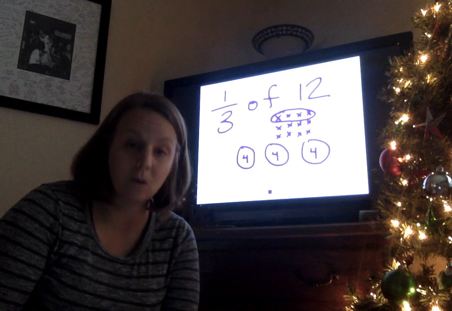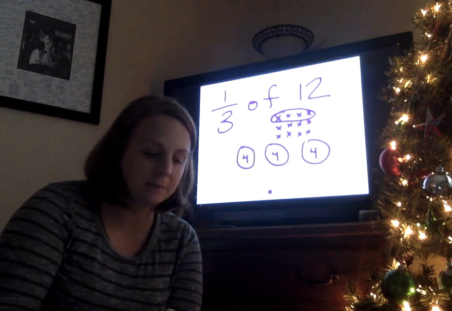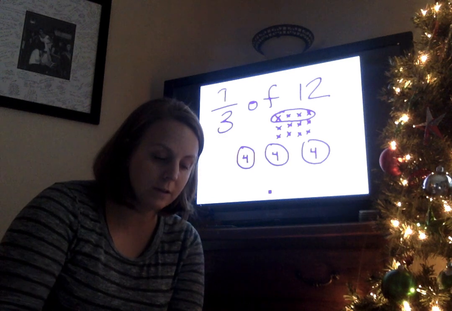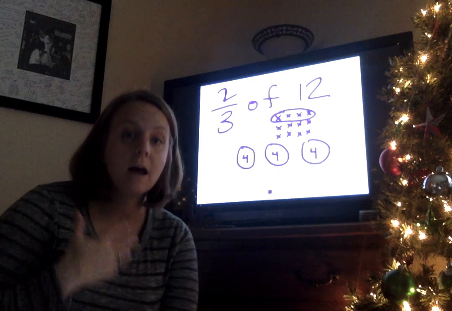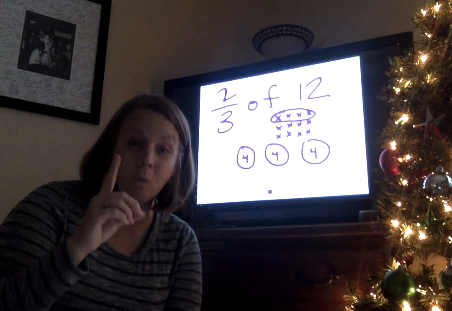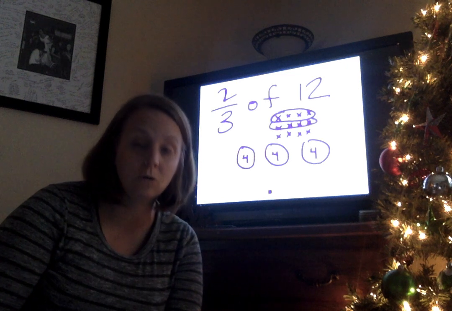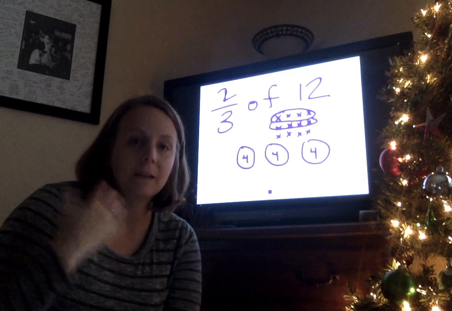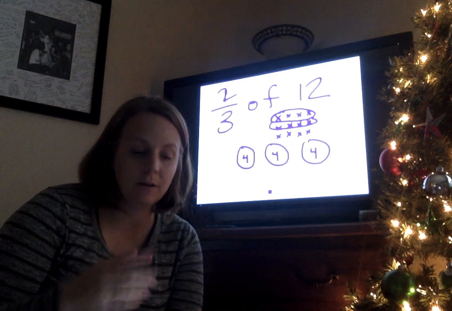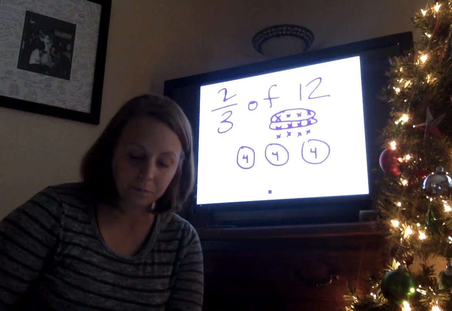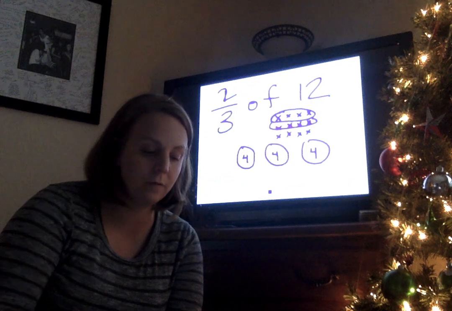And so my answer equals 4. Sometimes I'm going to ask you, hey, what is 2/3 of 12? I'm having you do the same thing, finding what 1/3 is, but then I'm talking about 2 groups now, and 2 groups would be 8. So that's what we want kids to be able to do, and they'll be able to see that.